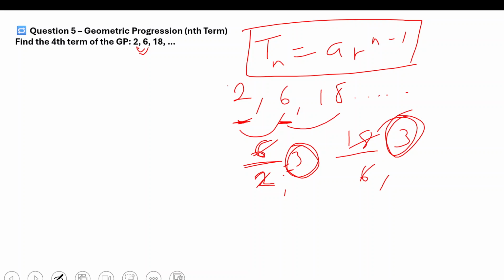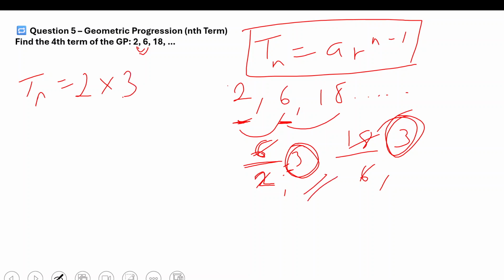So for this particular question, we're asked to find the fourth term. Actually, we have 2, 6, 18, then the next one will be the third term, the fourth term, right? So let's apply this formula to get that fourth term, and also use our test to know whether succeeding over preceding will give us a particular number. The first term for this sequence is 2, which is a, times r, the common ratio, which is 3. We're getting it from here.